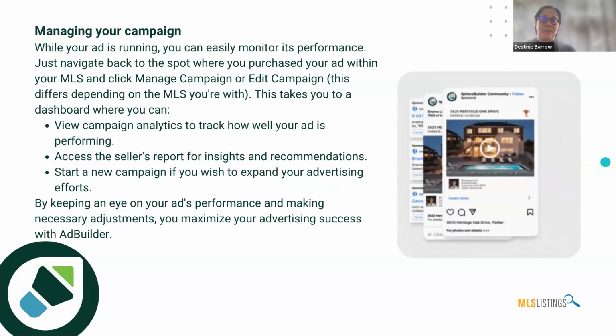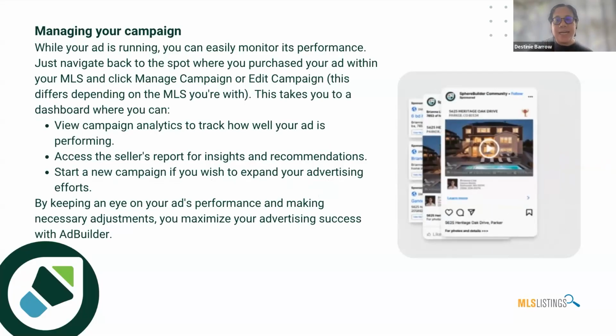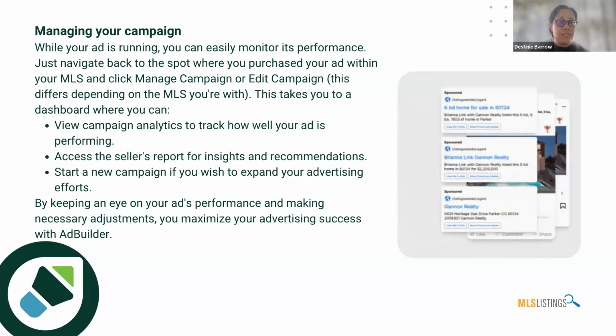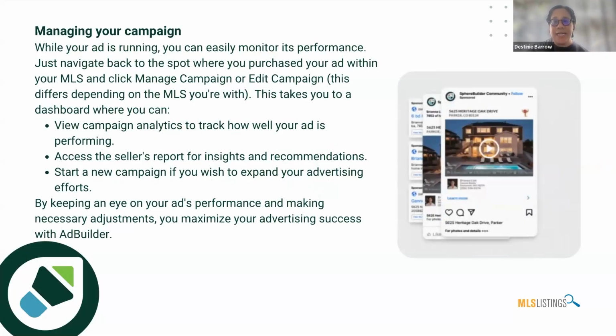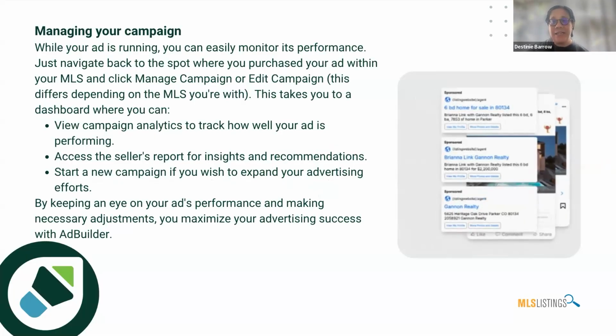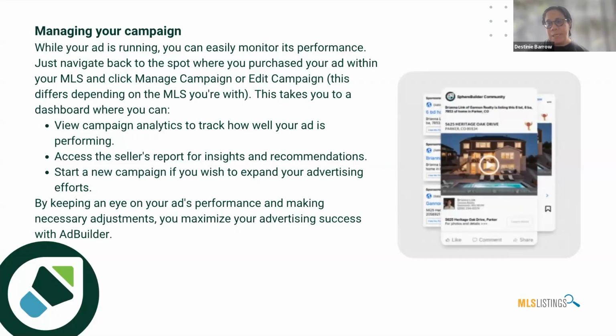All right, so another thing is managing this campaign with your ad. Once your ad is live, you can easily keep track of its performance. You simply return to the location where you purchased your ad in your MLS and click on Manage Campaign or Edit Campaign. That may vary based on your MLS.